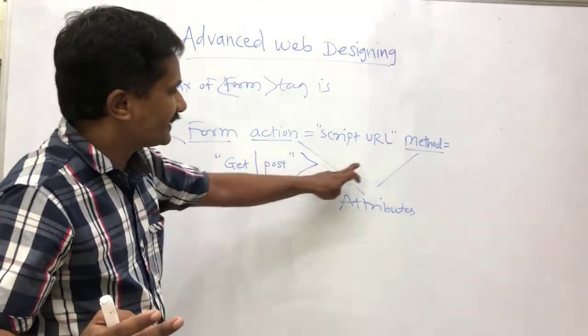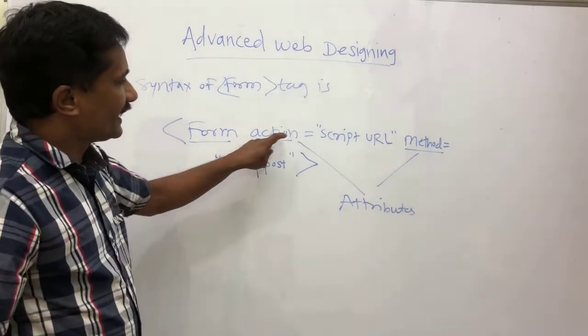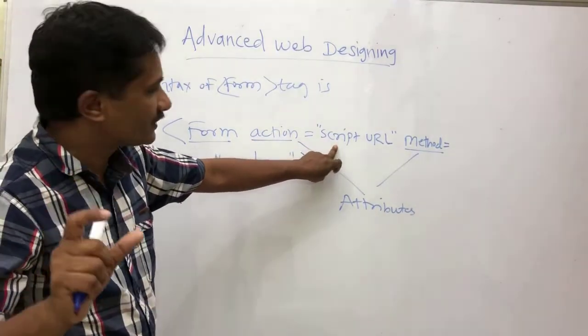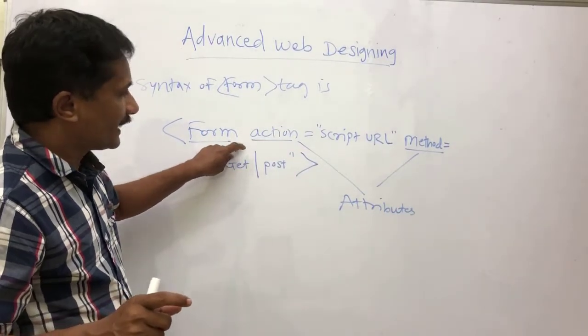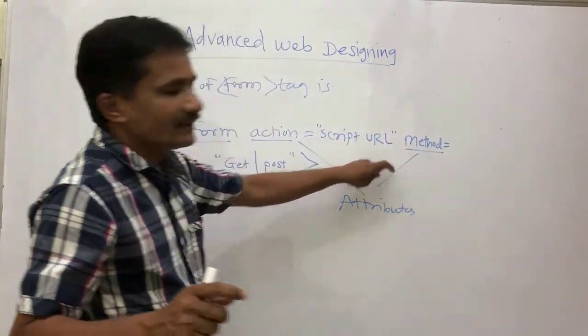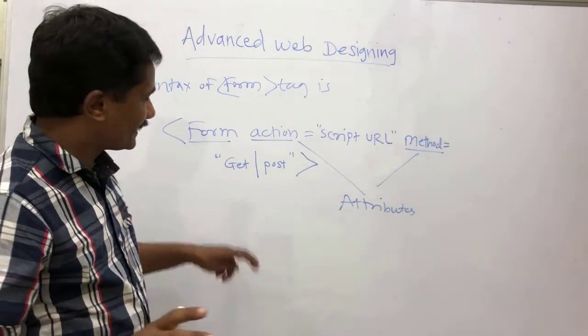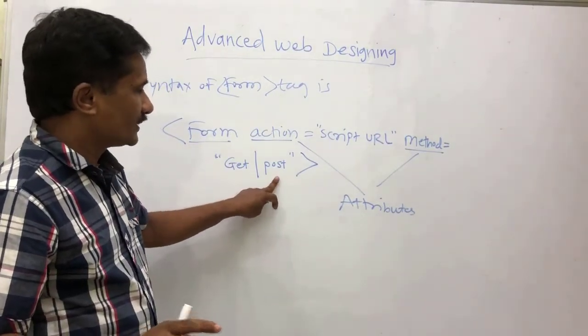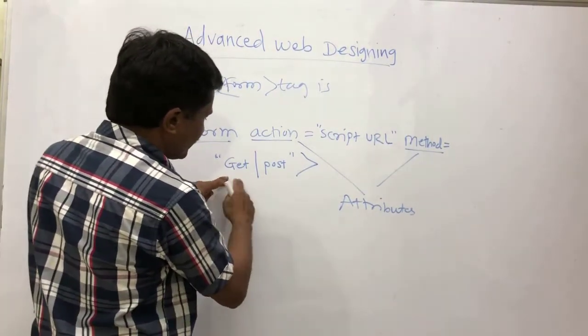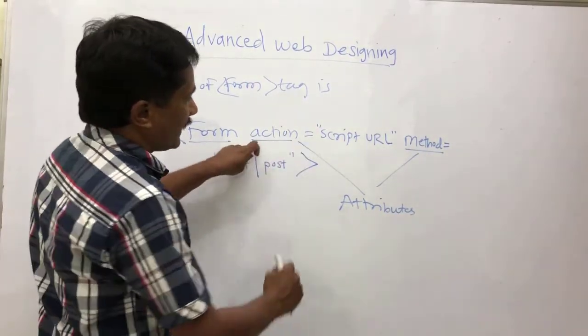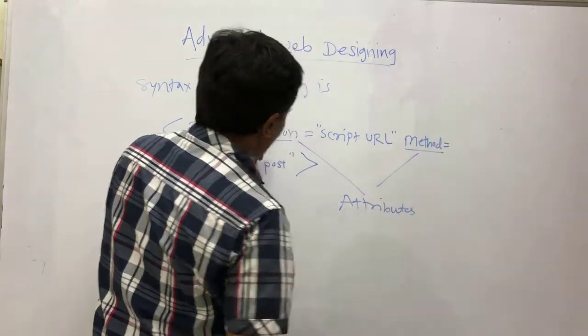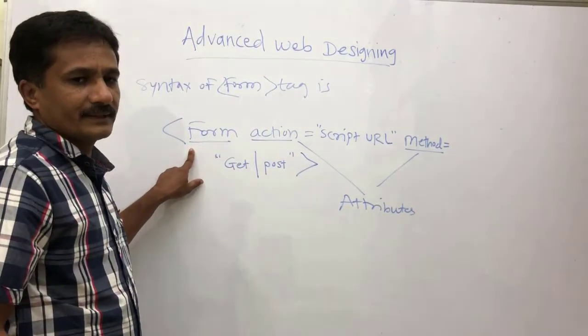Action is a script URL. You can put the path of your script in your form tag, and the method has only two values, that is get and post. You can study the details in the next lecture, what is get and what is post.